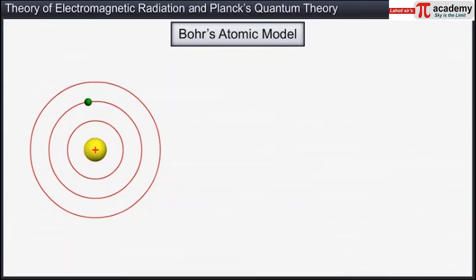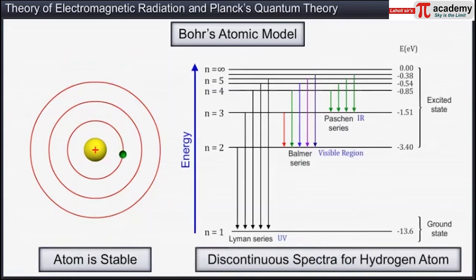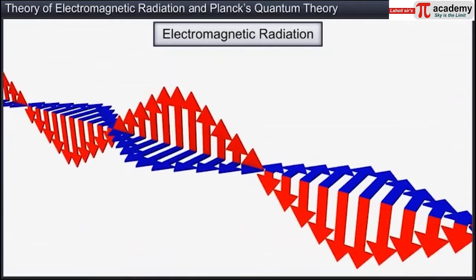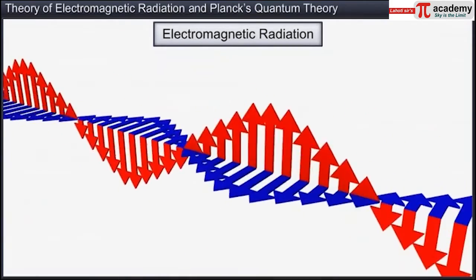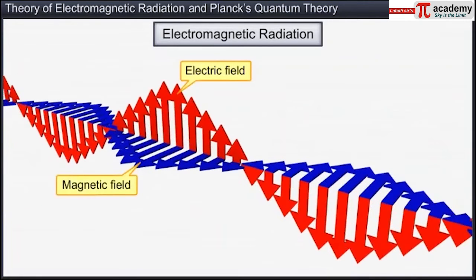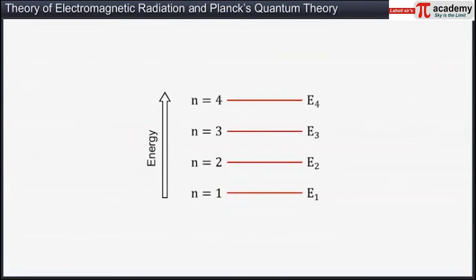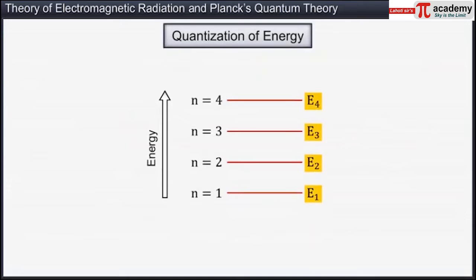Bohr's theory could successfully explain the stability of an atom as well as the discontinuous spectra for the hydrogen atom. To understand Bohr's atomic model, it is necessary to first acquaint ourselves with the nature of electromagnetic radiations. The underlying principle behind Bohr's atomic model is the quantization of energy, which is explained in the latter part of our discussion.